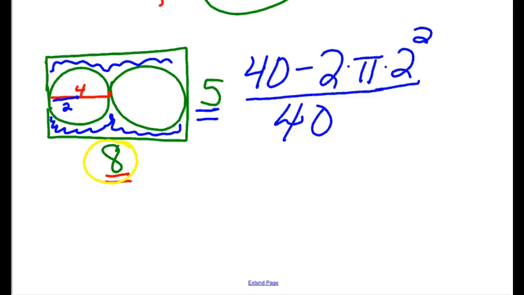I did my total, which would give me the area of this rectangle, and I put it on the bottom. I then wanted to get in between, so I'm going to cut these circles out of the area of the entire thing, which was 40. I'm going to cut out two circles with an area of pi r squared. And then I just go to my calculator and calculate that, which I'm confident you can do.